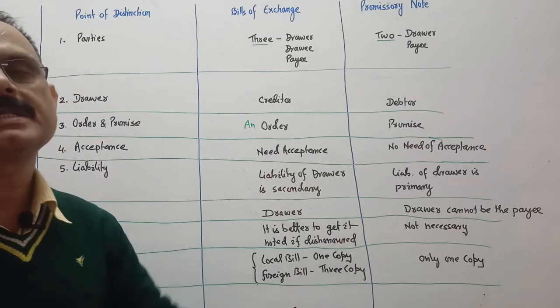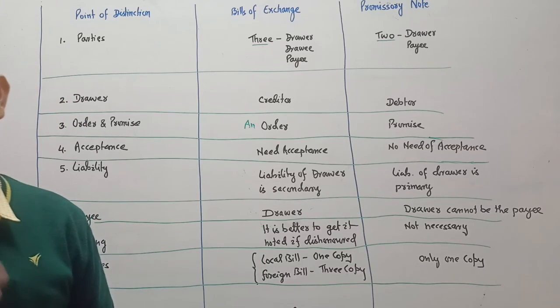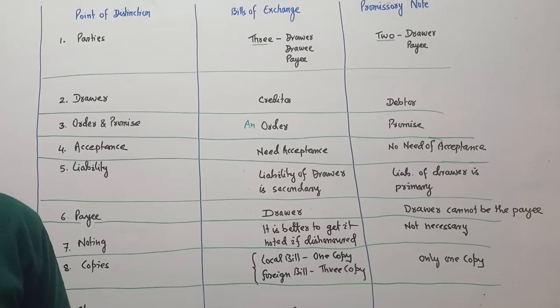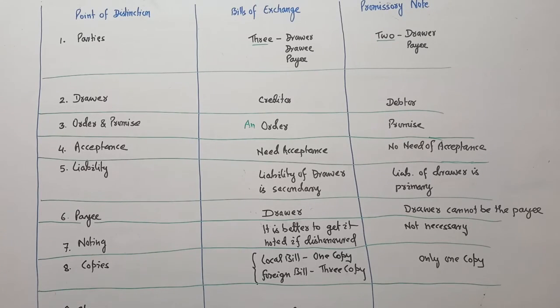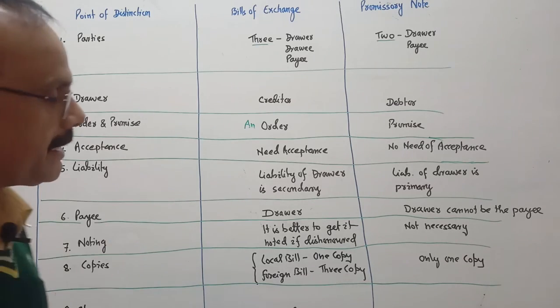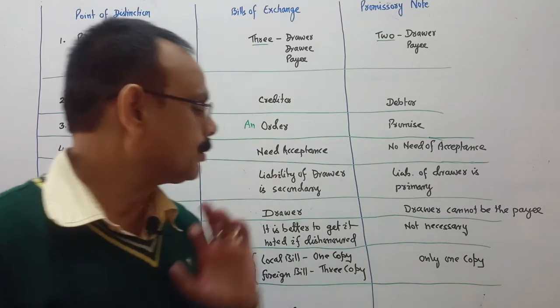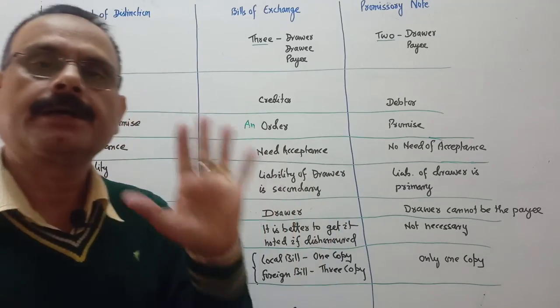But in the case of promissory notes, stamps are required. So as far as stamps are concerned, in bills of exchange there is no need of fixing stamps on bills payable on demand, but otherwise stamps are necessary. In promissory notes, stamps are required.